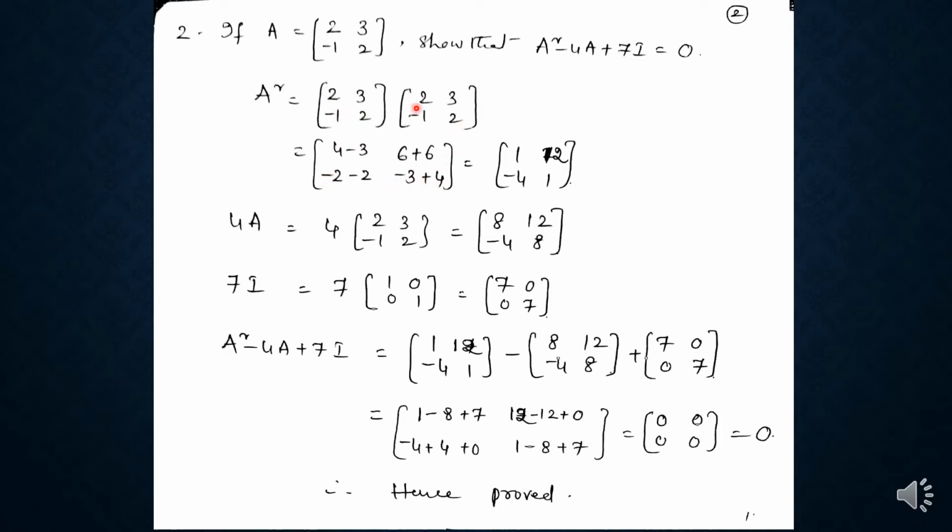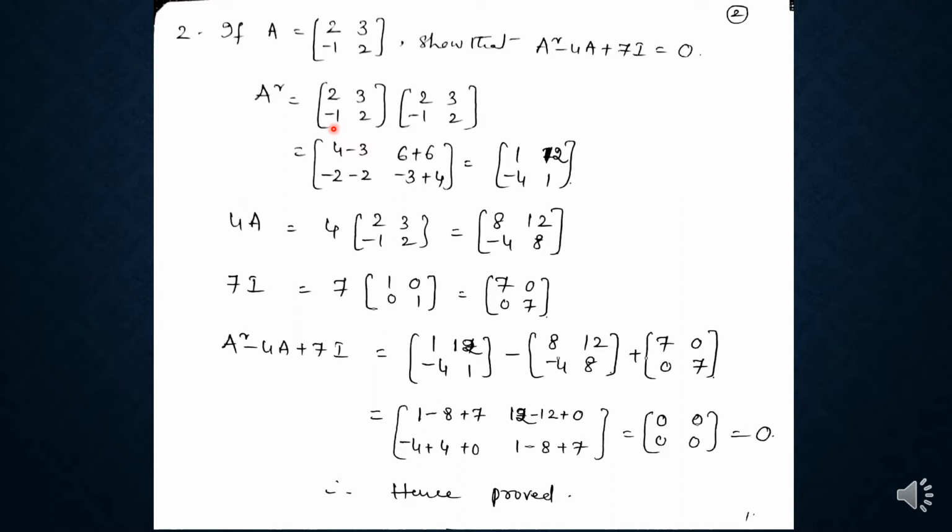That is 2 into 2, 4, plus 3 into minus 1, minus 3, so 4 minus 3. Next, first row elements into second column: 2 into 3, 6, plus 3 into 2, 6. So these are the first row elements. Now coming to the second row: minus 1 into 2, minus 2, plus 2 into minus 1, minus 2.